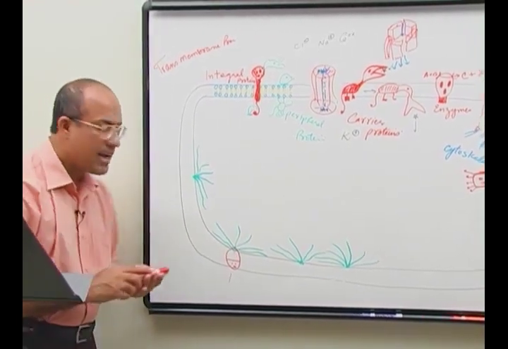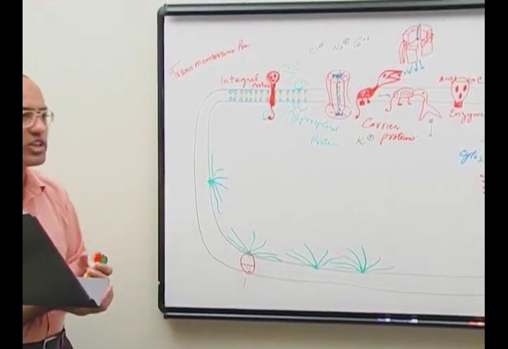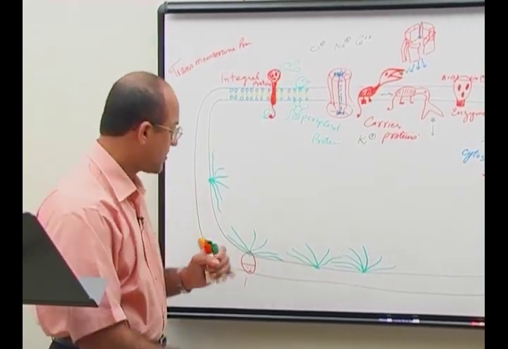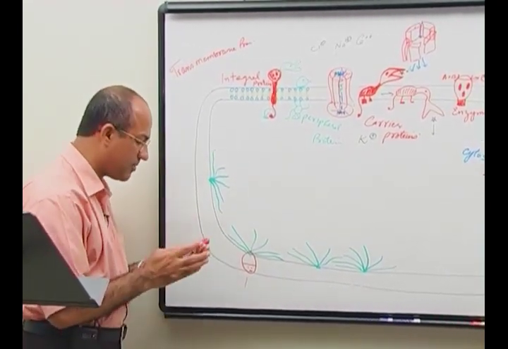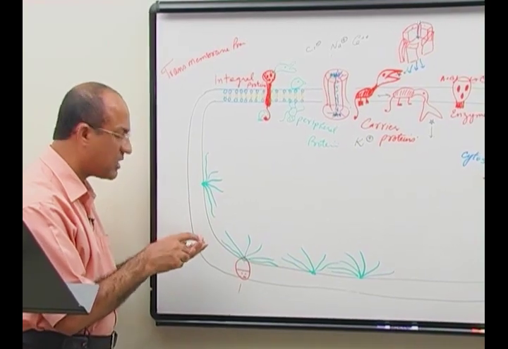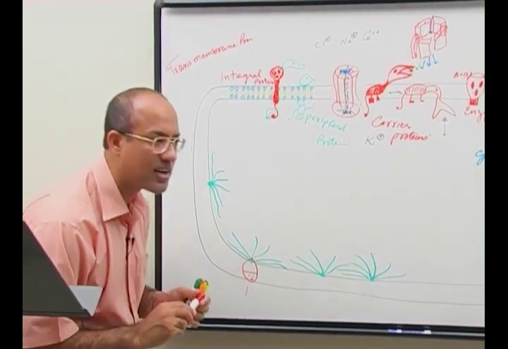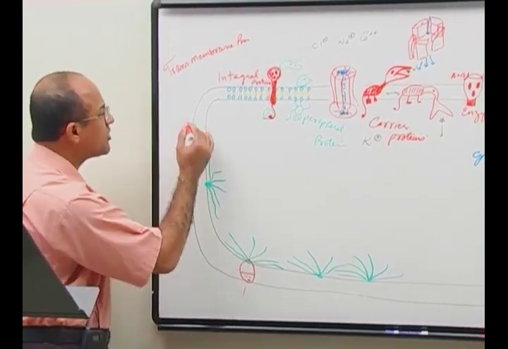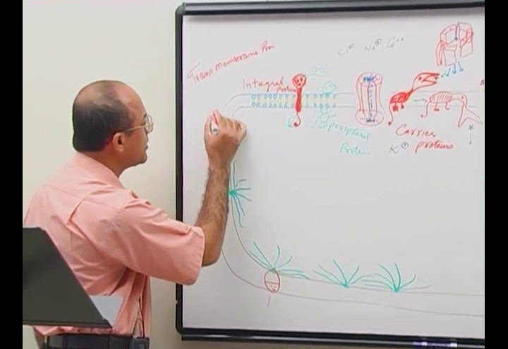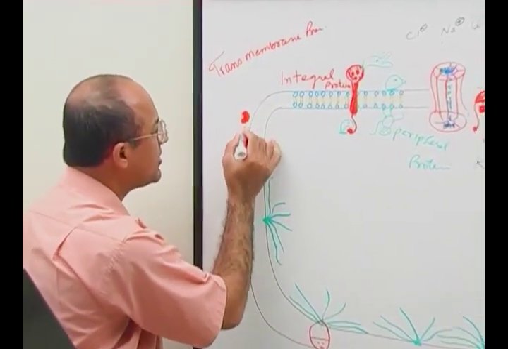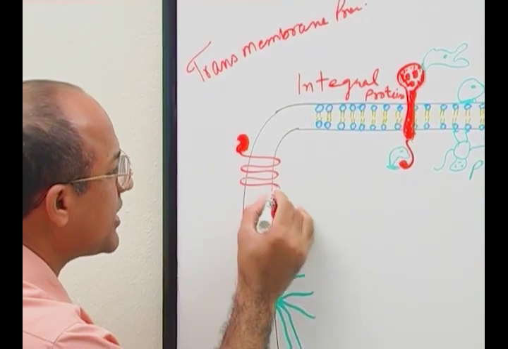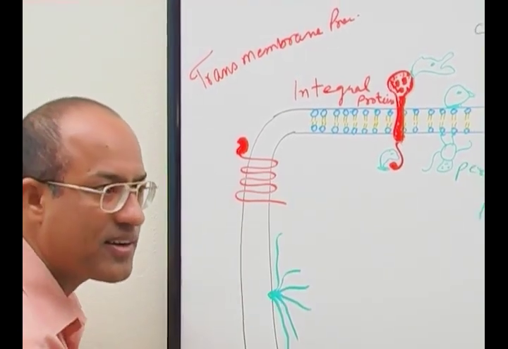Am I clear? Then another important relationship or function of peripheral proteins is, listen, some peripheral proteins work with the receptor. Let me tell you how. Let's suppose here is a receptor, and this receptor protein passes 7 times through the membrane.